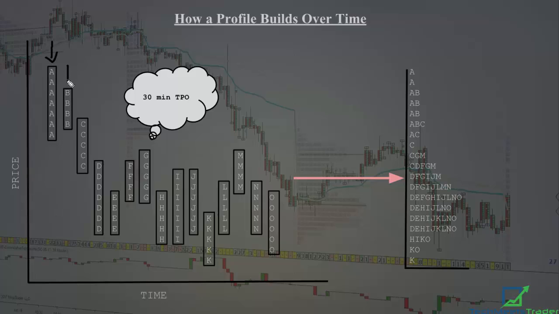We can see the second 30-minute period of the day, the high and the low of that bar. The third 30 minutes of the day, the high and the low of that bar, and so forth. It's only when we combine it and bring these all together that we get a distribution shape that looks like this. I hope this is making a lot more sense now than it was before.